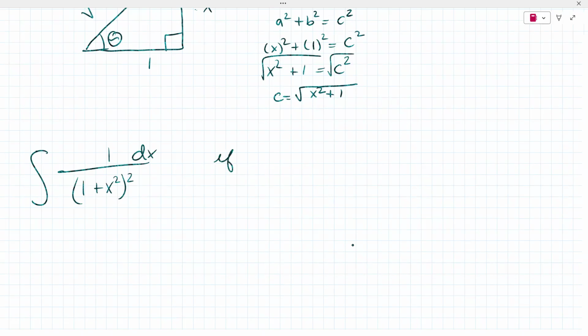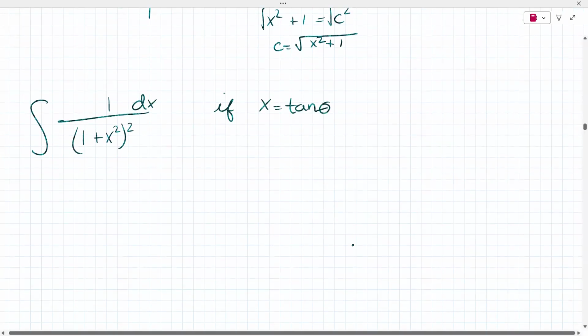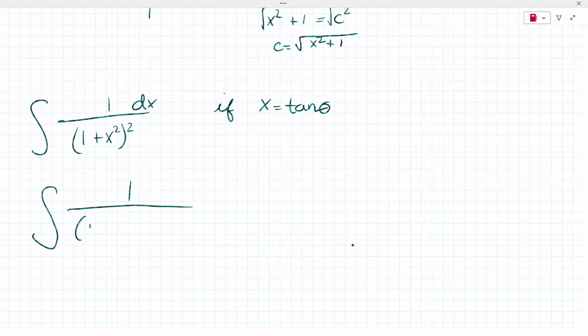We said if x equals tan theta, let's substitute that back in. Wherever you see an x, plug in tan theta. So it's 1 over 1 plus tan theta squared, which is the same thing as tan squared theta, right? Because you're squaring this x.